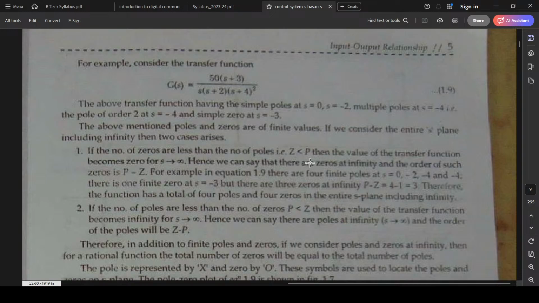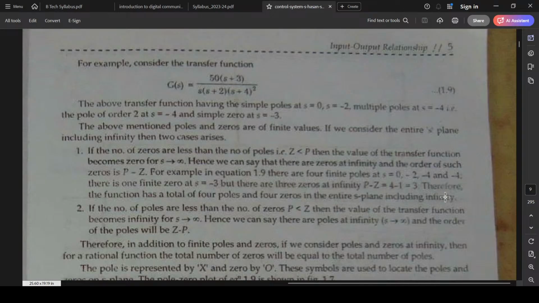It is saying that if there is a smaller number of zeros than poles, we just subtract. So p minus z in the above question becomes 4 minus 1, so it will be 3. So three zeros are at infinity.